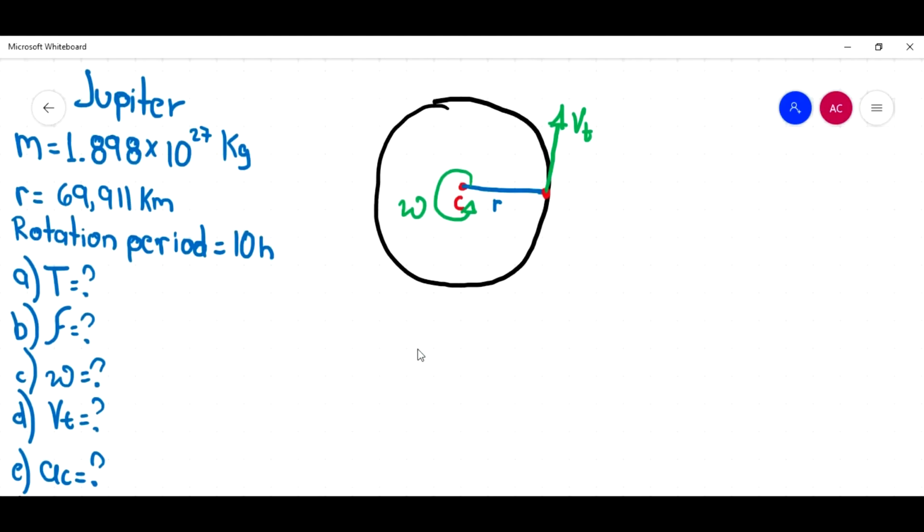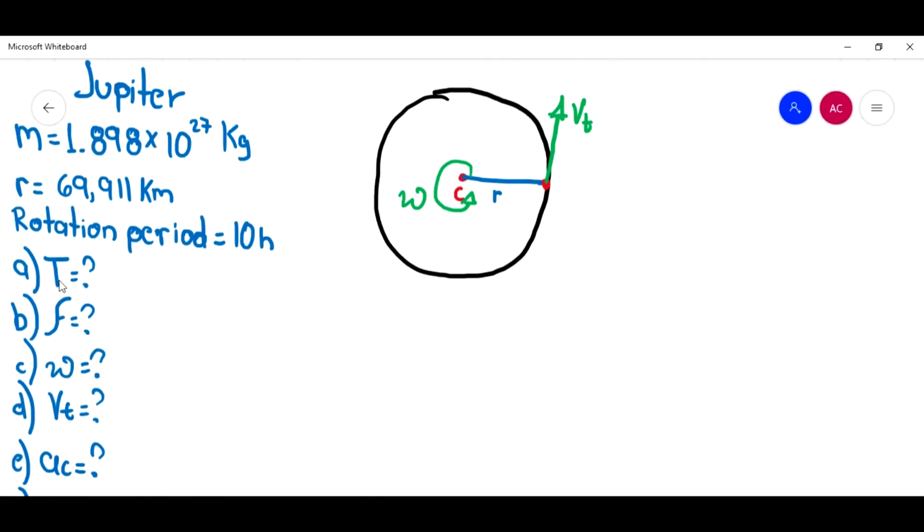So the first question is that I need to find the period. They give us the period, but remember that the official units for periods are seconds. So I need to transform 10 hours into seconds. I'm going to use the conversion factor.